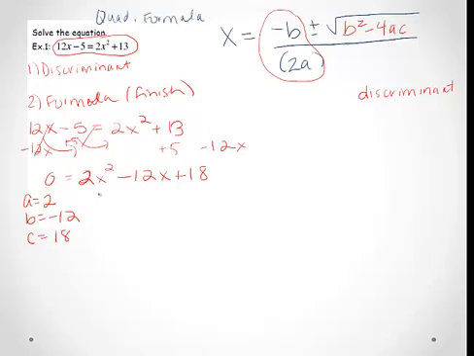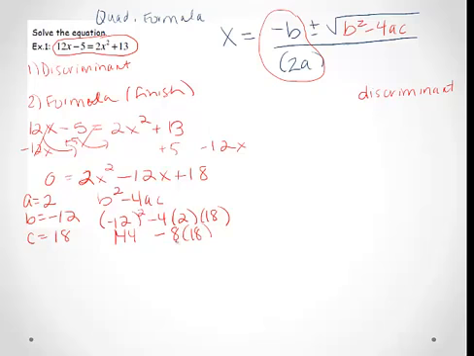So I'm going to do the discriminant. b squared. Always make sure you put your b in parentheses. And then let's do the math here. That's going to be 144 minus 8 times 18.